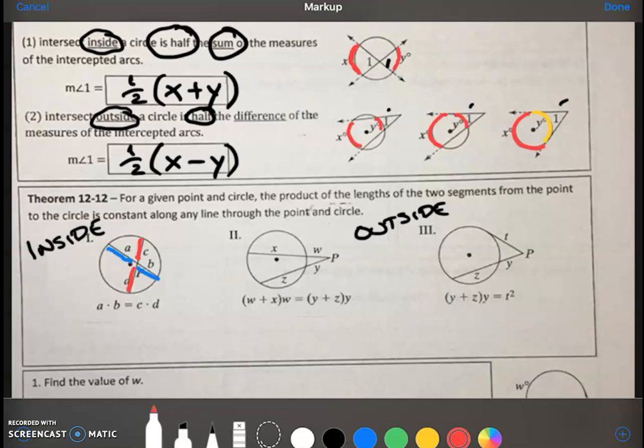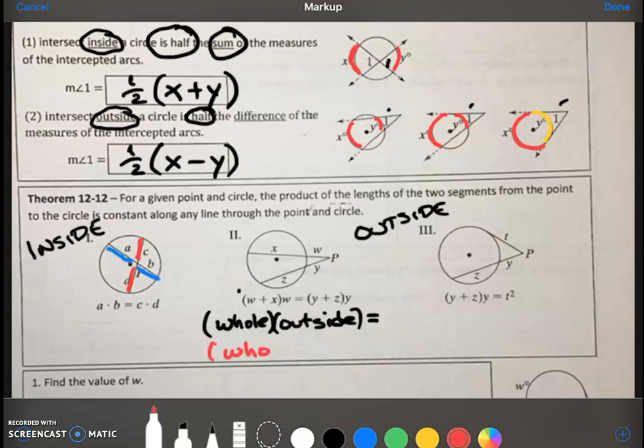When it is outside, this is a crazy looking formula right here and right here. But basically what's going on is they're taking the whole line times the outside portion, which is equal to the whole line times the outside portion.